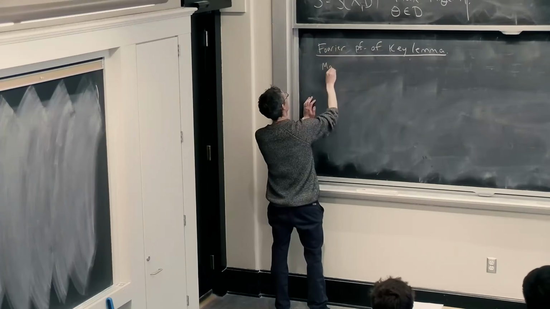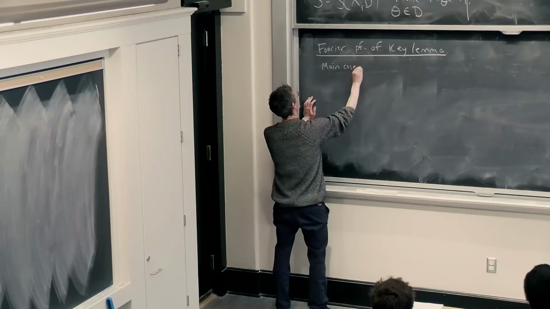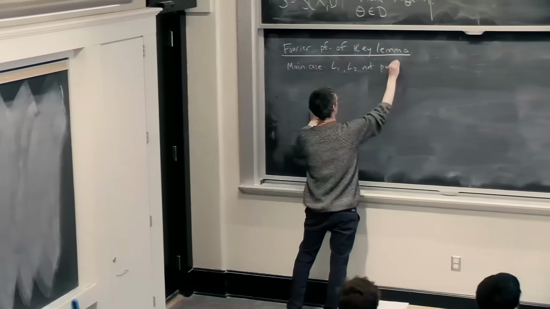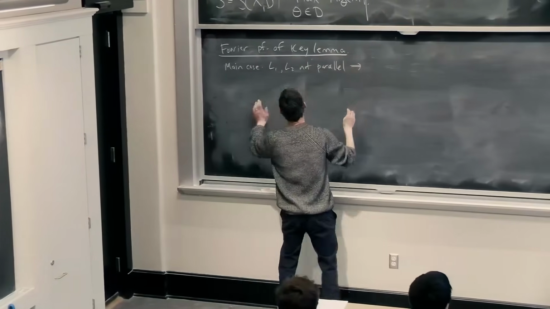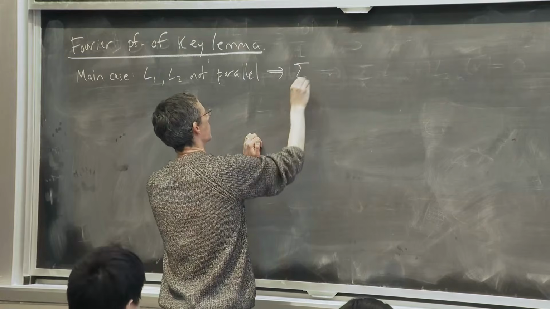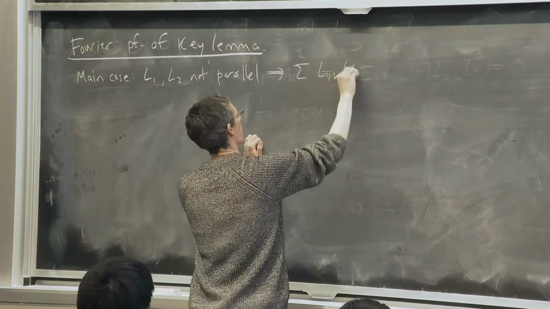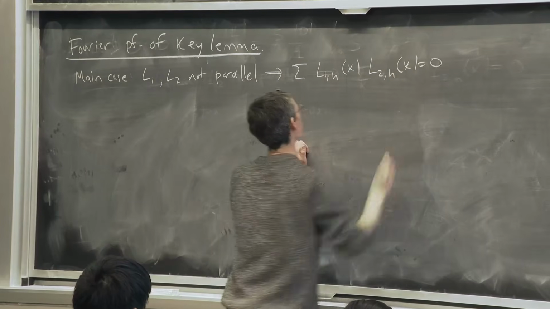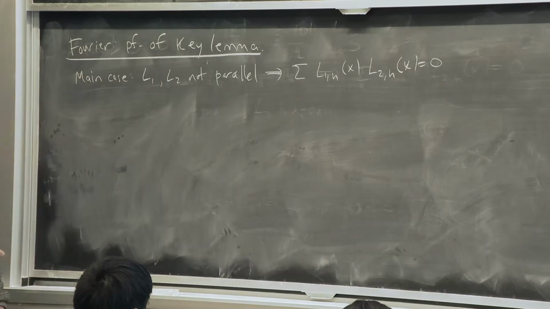We'll still do the main case, which is that L1 and L2 are not parallel. And that's where we get literal orthogonality. Then we get that the sum of L1 high of x, L2 high of x is 0. How will we do it?